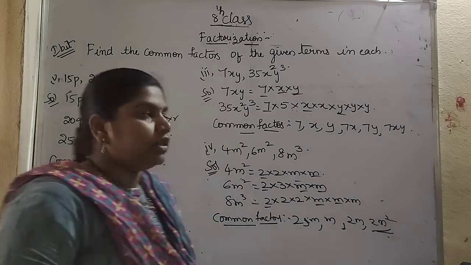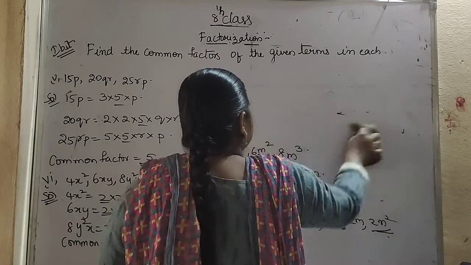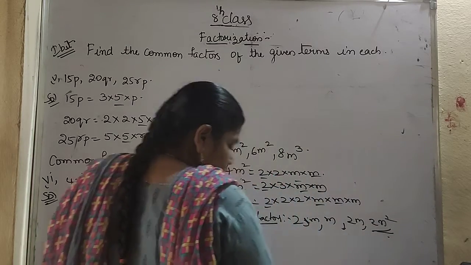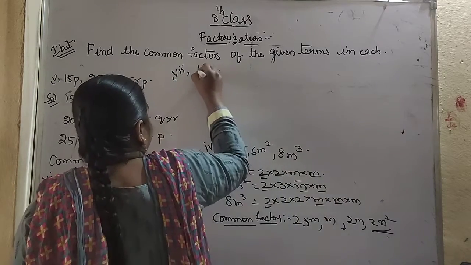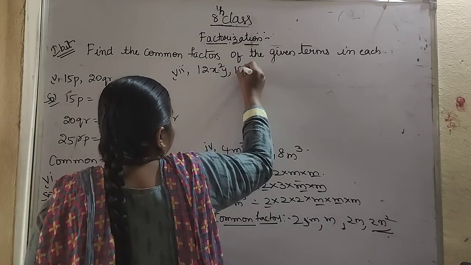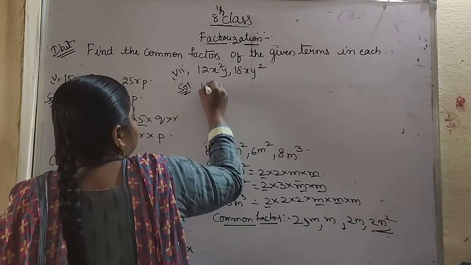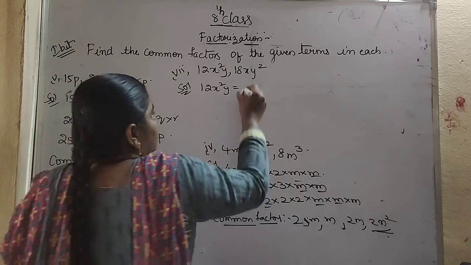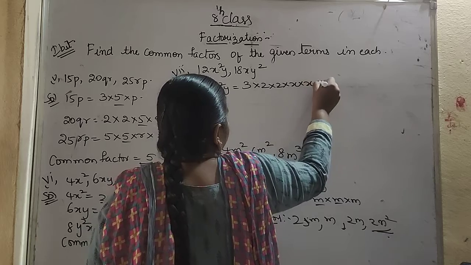Next, the last equation in this bit. The seventh equation is 12x square y and 18xy square. We have to take out the common factors from this. 12x square y can be written as 3 into 2 into 2 into x into x into y.